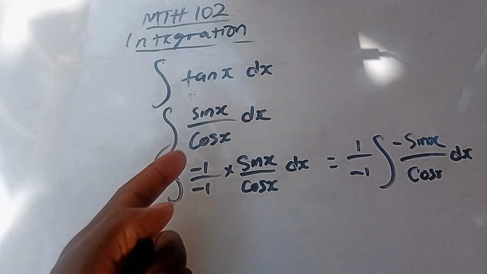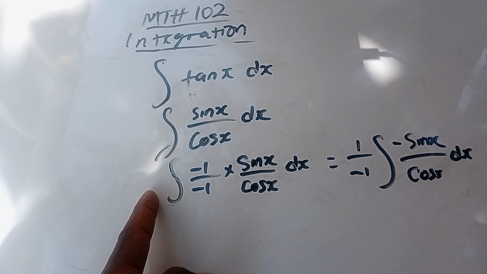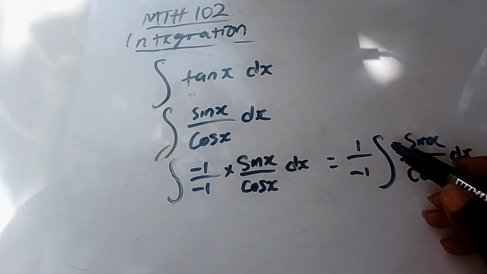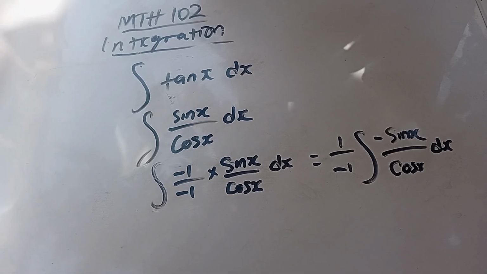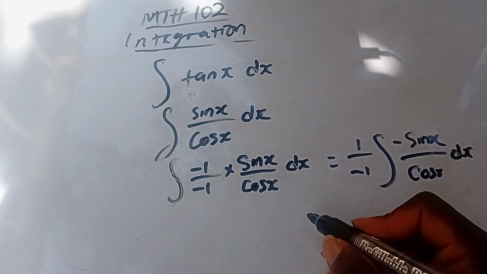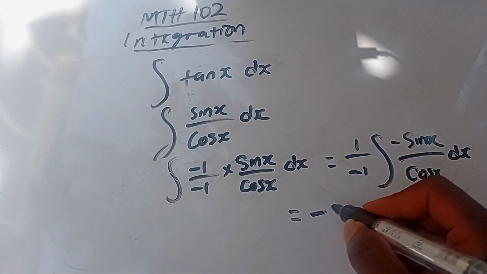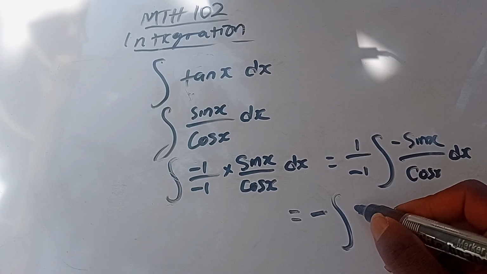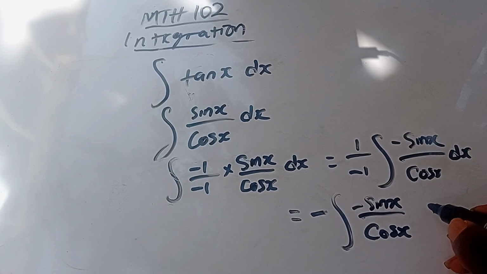But 1 times this gives us back. So when I brought out this minus 1, do we get that? In fact, there's no problem. You can even say you bring out 1 here, then you leave the minus. So this gives us 1 over minus 1. That's still minus 1. So minus 1, leave it as minus sin x over cos x dx.